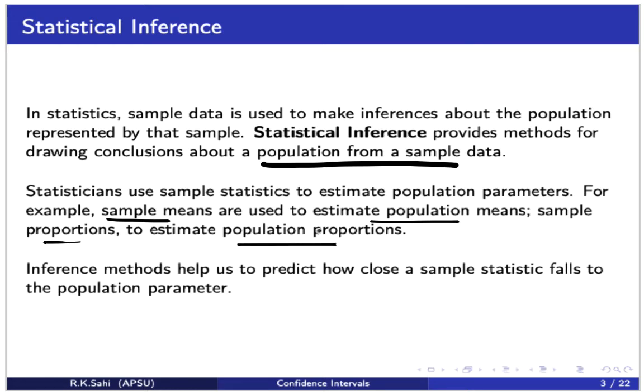So what we basically do in these inference methods is say how close a sample statistic will fall to a population parameter. That is the main idea about statistical inference. Let's start with a very simple example.